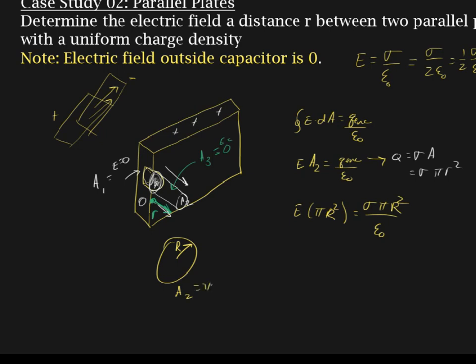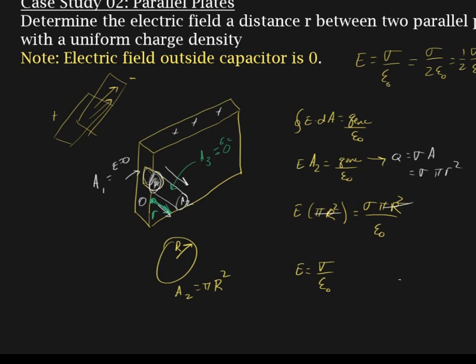Okay, so we'll say that that's pi r squared. Nonetheless, what we find is that the two areas cancel out because they are the exact same dimension, and we end up with E is equal to sigma over epsilon naught, which is exactly the answer that we were expecting.